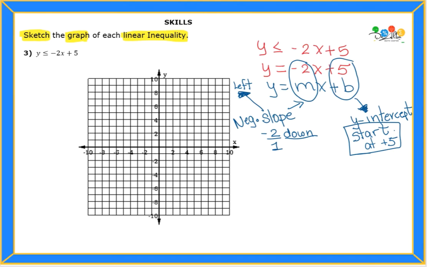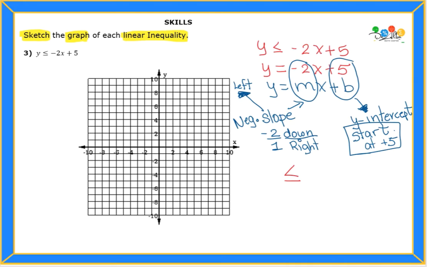Since the 1 is positive, I am going to go to the right. Now notice how I haven't decided anything about the inequality symbol. We'll come back to the inequality symbol. So let's write down my inequality over here, just so that I remember that I need to describe that one. Okay, so let's start graphing it.